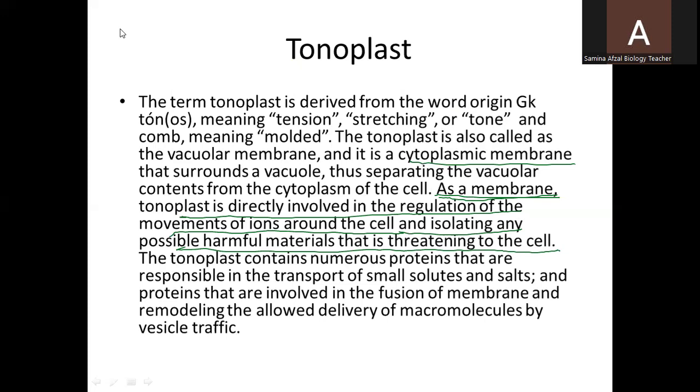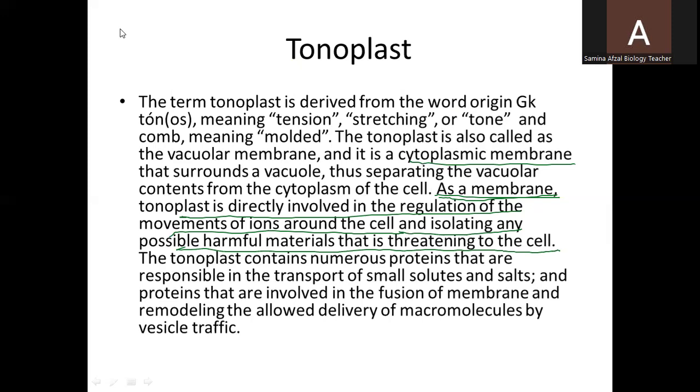The tonoplast contains numerous proteins that are responsible for the transport of small solutes and salts, and proteins that are involved in the fusion of membranes and remodeling, and that allow delivery of macromolecules by vesicle traffic.